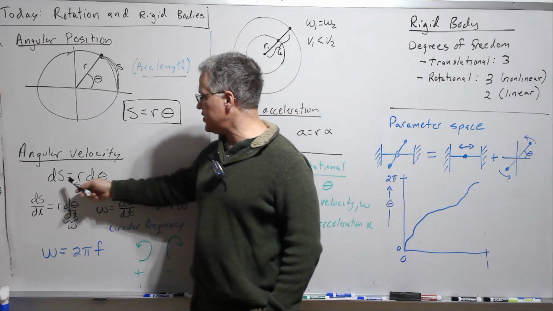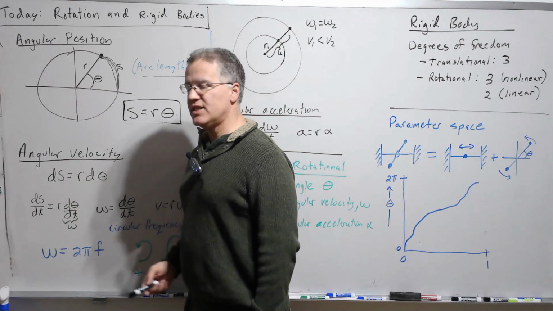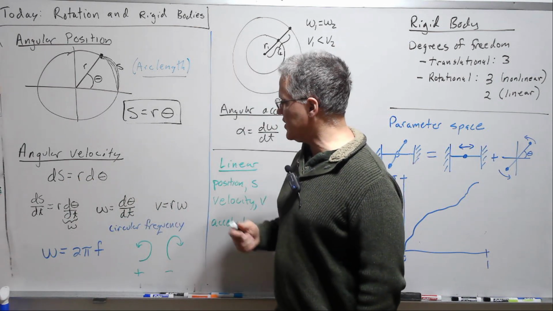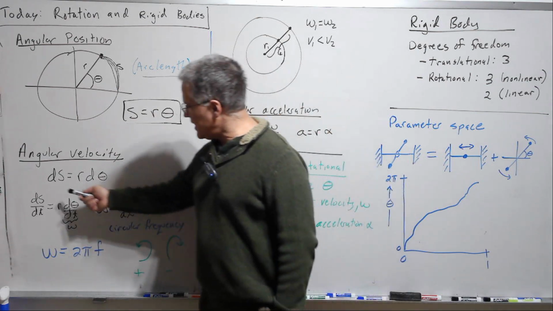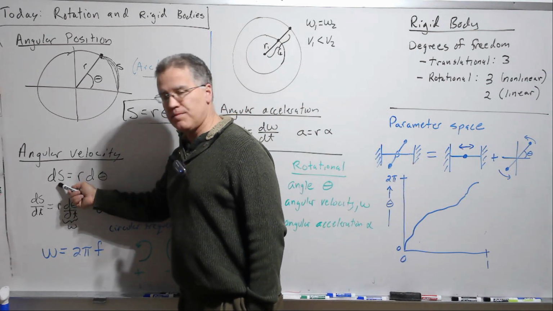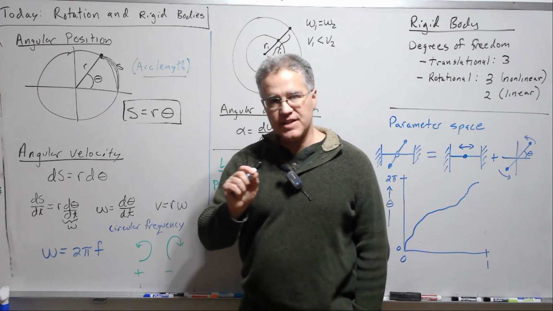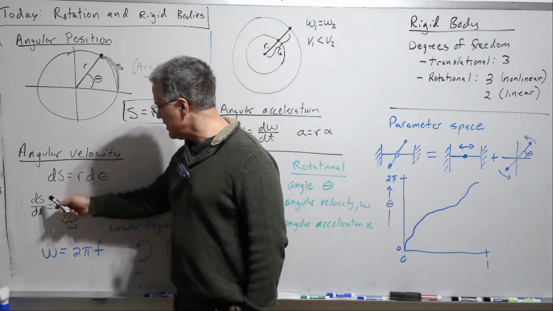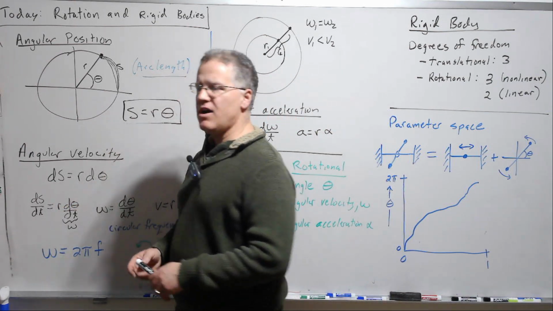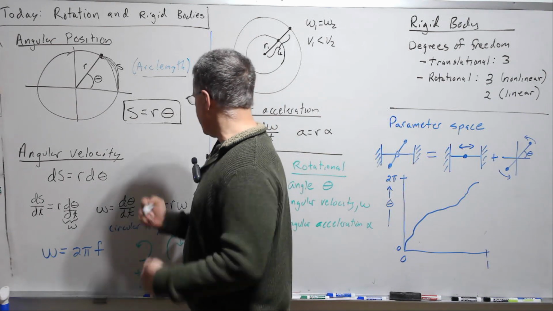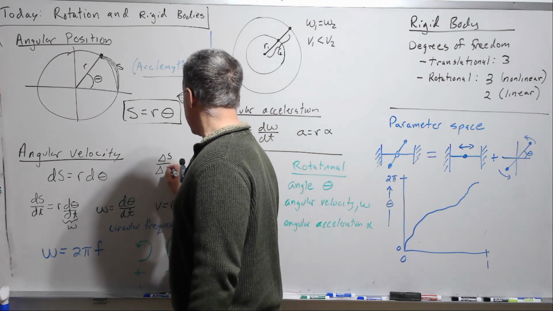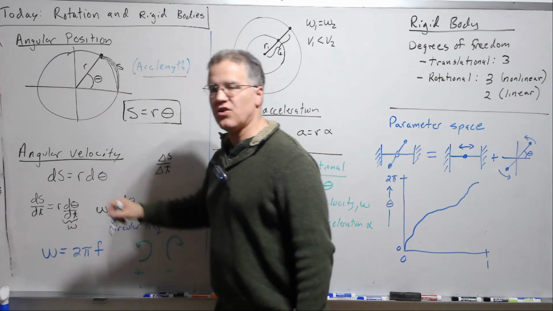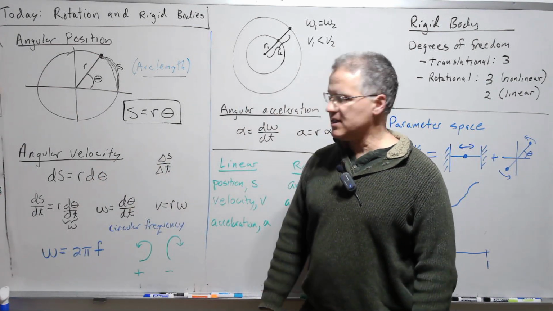So there's a relationship between a slight change in the arc length and the slight change in the angle. Now let's take this over a particular infinitesimally small unit of time. So ds dt. If you haven't had calculus yet, then you can think of this as delta s, delta t, and turn all these d's into deltas.